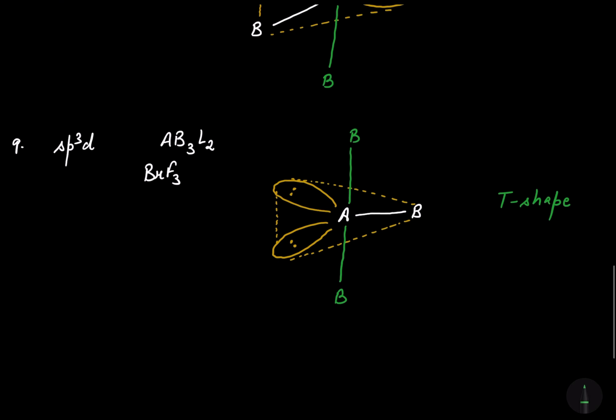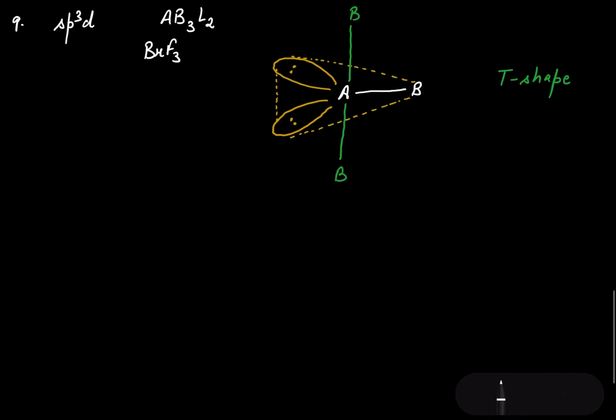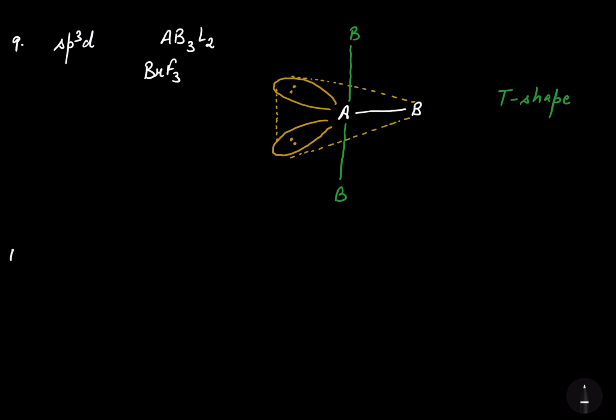Now let's talk about again sp3d but with 3 lone pairs. Now the 10th one is sp3d but with 3 lone pairs. I'm taking its general formula to be AB2L3. Now the example for AB2L3 is I3 negative.